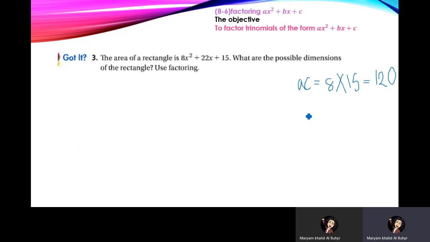What are the two numbers? Once you multiply them, you will get 120. Once you add them, you will get the one in the middle, 22.